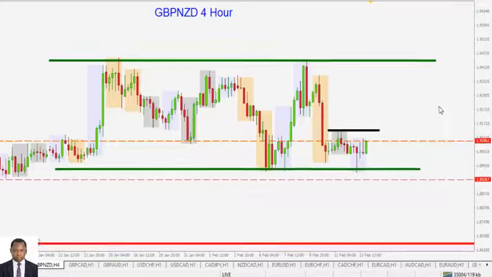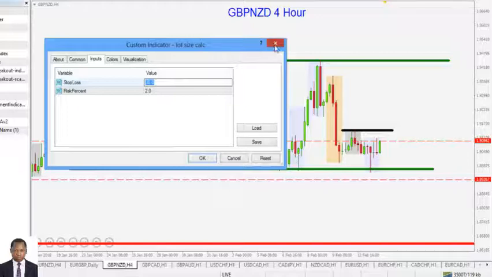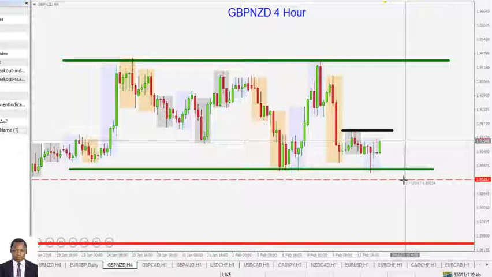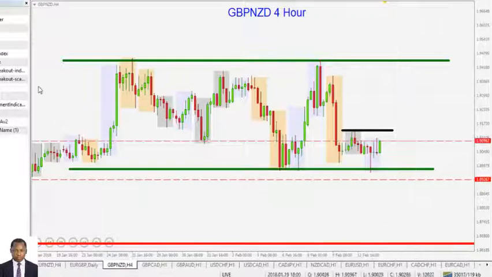So we're using our lot size calculator to calculate the appropriate lot size for this trade. What's the value in pips from the entry to the stop loss area? Approximately 171 pips. That's huge, so the lot size calculator might drop the size of the lot size to take in this trade. 173 approximately.